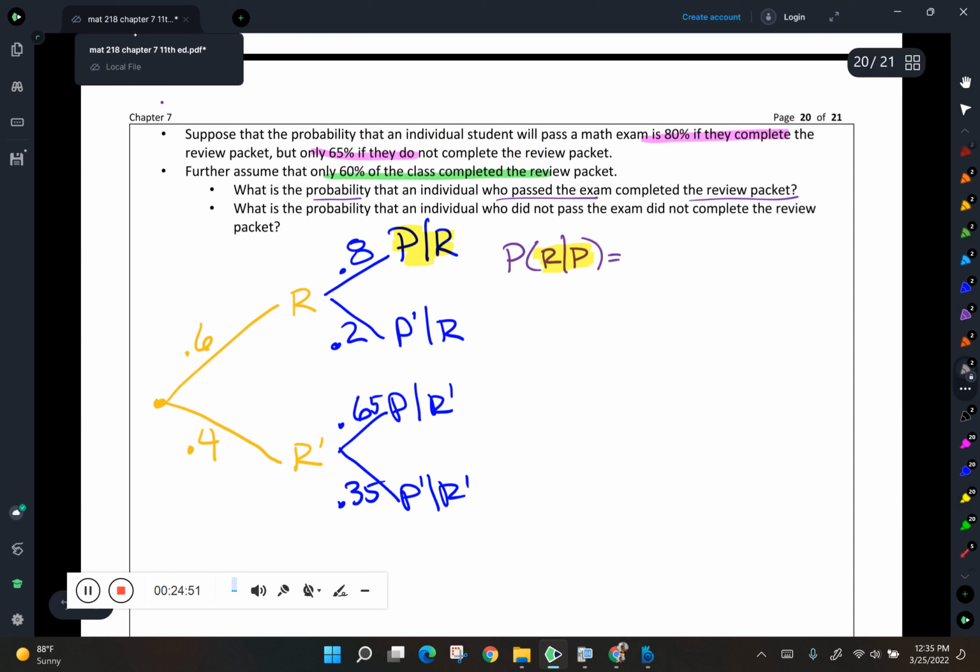Okay? So according to Bayes' theorem, that's going to be the probability of the review packet times the probability that you passed given the review packet, divided by all the different ways you can pass the exam. Well, there's only one other branch that passes the exam. It's that one.